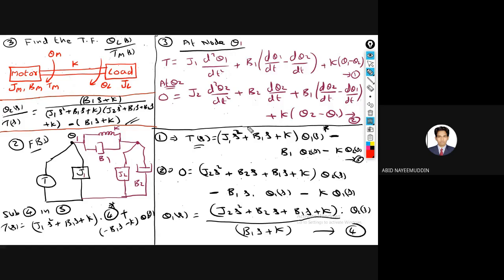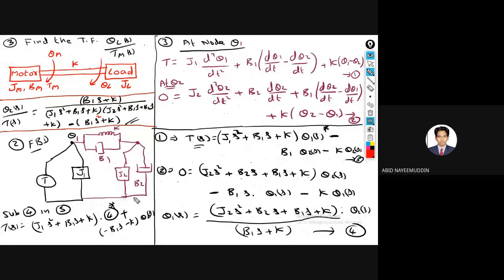Please try to solve in parallel. Actually, this is s square. Okay.